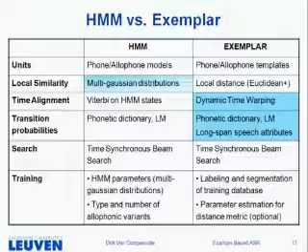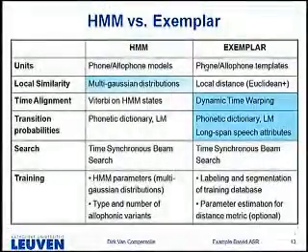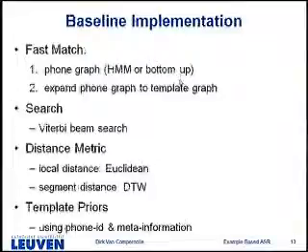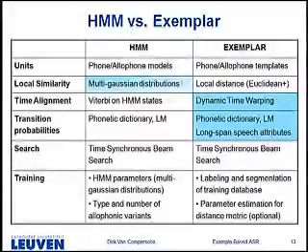Now, if we compare HMM and exemplars, there are a lot of components in the full system that are the same. You need some units, phone units, allophone units. Well, in exemplar-based systems, we have allophone units as well. We have phone units. We need the local similarity. There is a big difference there. In HMMs, we typically use multi-Gaussians.